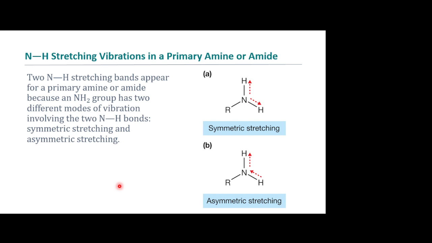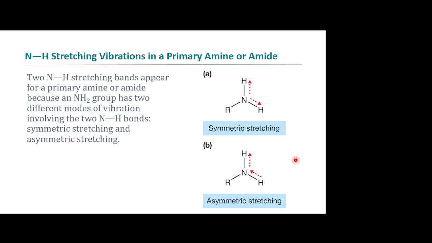For my inorganic people, yeah, that's that character table. So again, you have the symmetric stretch. Symmetric would be like this, both coming in and out together. Asymmetric would be like this. They come at different intervals. And so you always end up with two of them. As long as you have some sort of dipole change, they are going to show up.